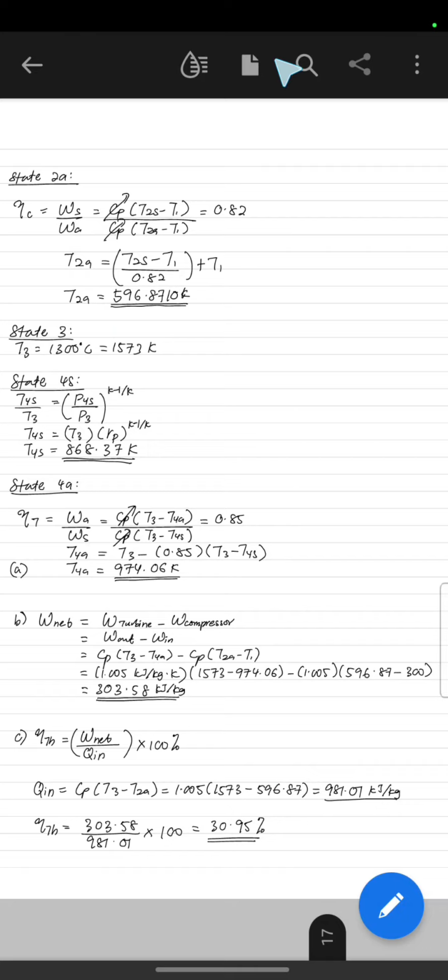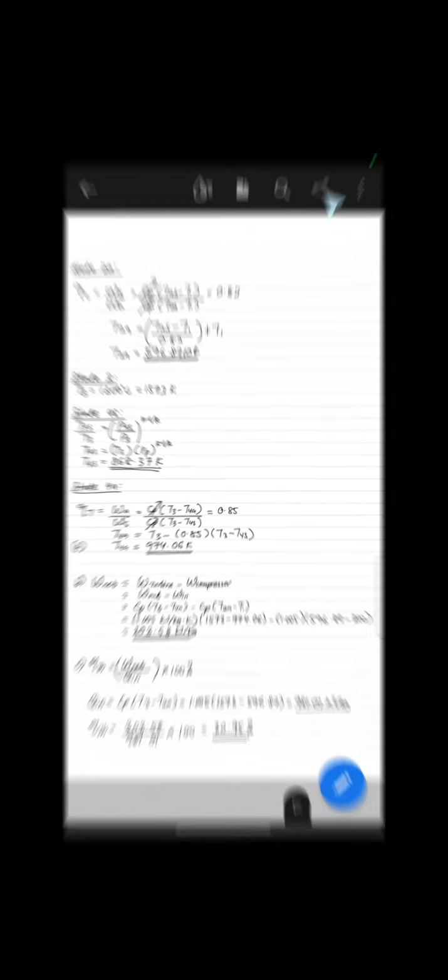Alright, so once you got your work net, now it is easier for you to find your thermal cycle efficiency, right? So you are going to make use of the work net that you have over here. And what about your Q in? Q in is actually the process that happens during the combustion, which is from 2A to 3. So let's have a look at your TS diagram previously.